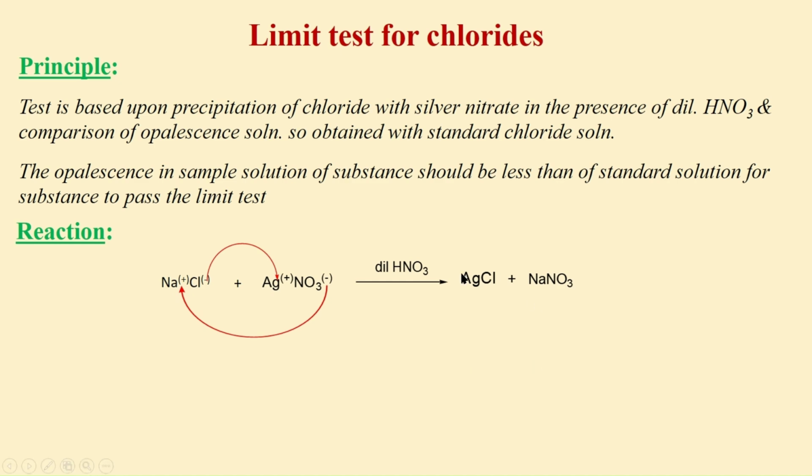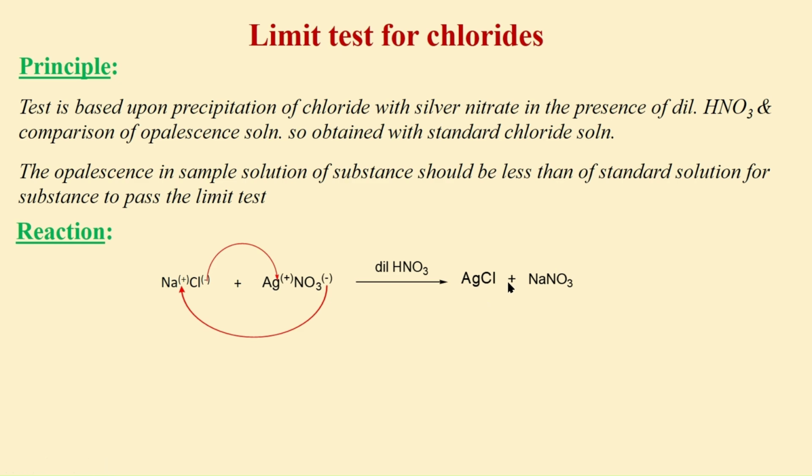Silver chloride, which is formed, is insoluble in water. That's why it produces opalescence. Sodium nitrate, the salt which is formed, is soluble in water. It goes into water. This silver chloride, which is formed, gives opalescence to the reaction mixture.